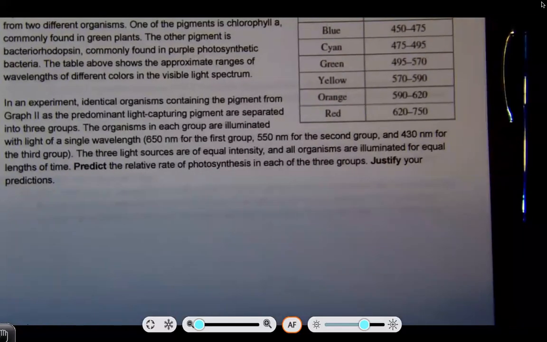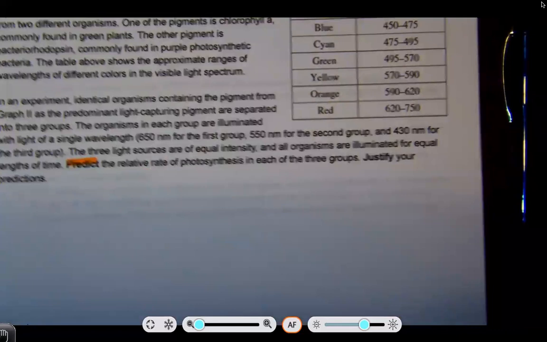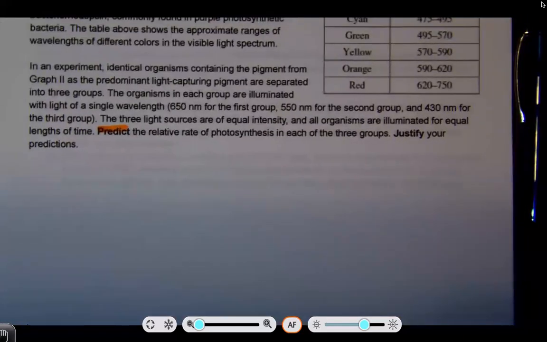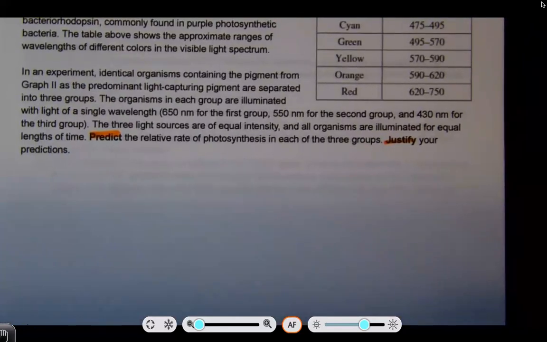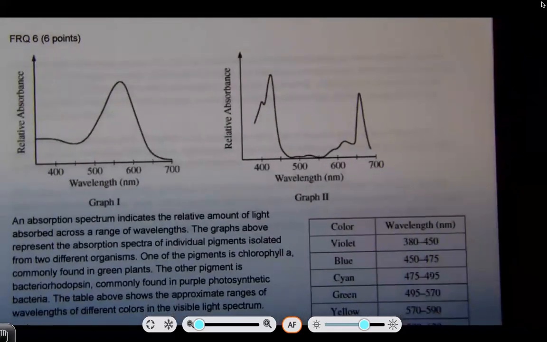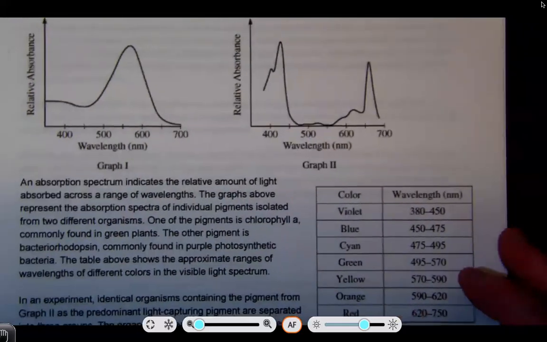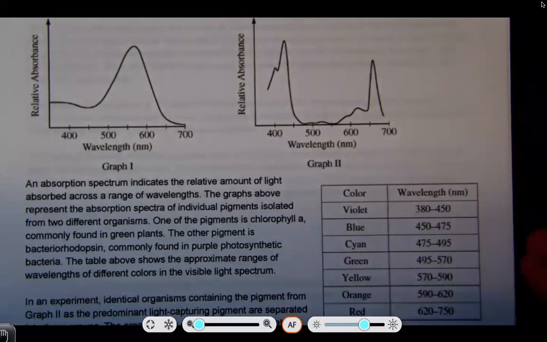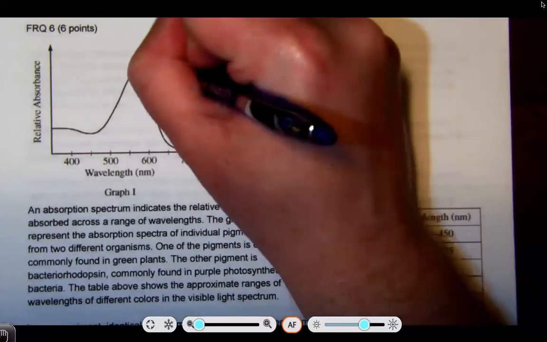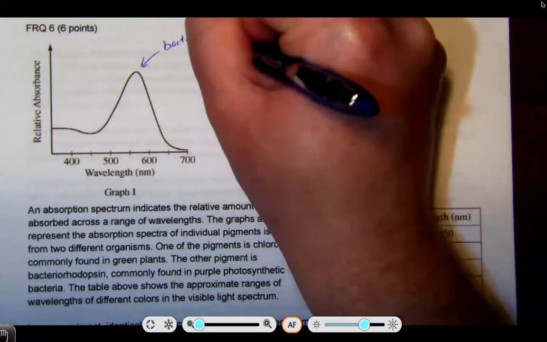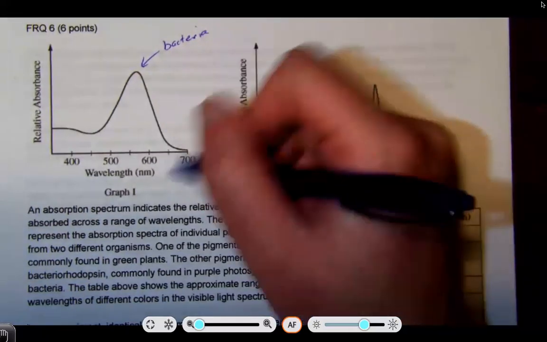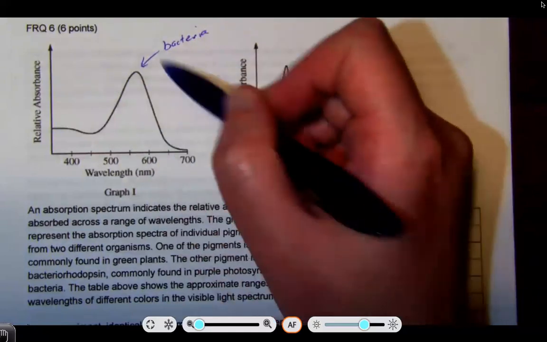In this case, it asks us to predict the relative rate of photosynthesis in each of the three groups and then justify your predictions. So you could see something similar to this on the AP test. In this case, these are the two absorption spectra, and this is part of a much bigger question. There's like two other questions with a couple of points talking about bacteria. Specifically, this is a bacteria absorption spectra that also does something similar to photosynthesis, and these are the wavelengths they absorbed.